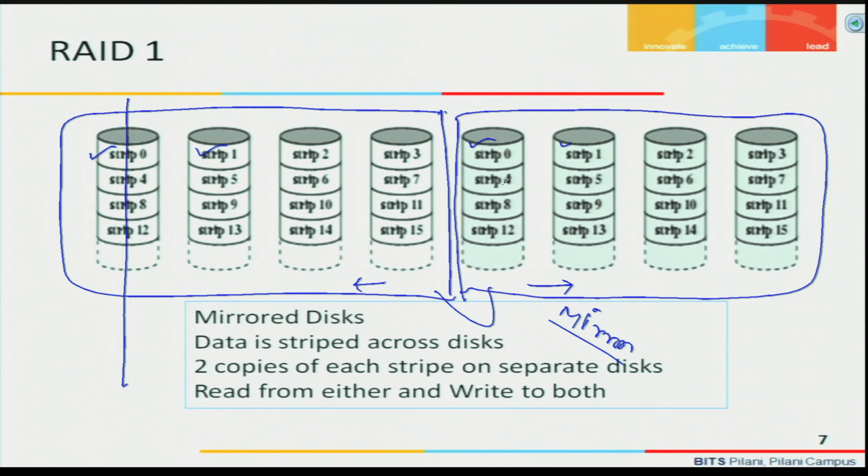If your server is running and one disk fails, you can remove that disk and replace it with a new working disk, and the data will be automatically copied by the RAID system onto the new disk. You will not lose any data in that case. So, it can tolerate one disk failure.